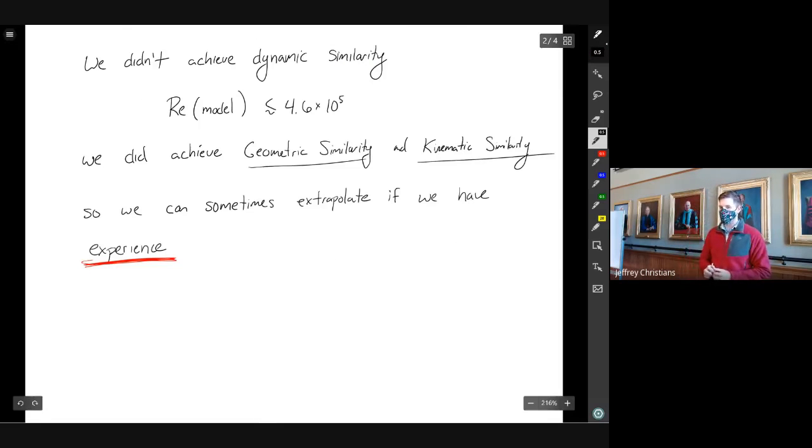So this is where I wanted to show you something like this, to show that the whole argument of similarity is that you can get these fundamental properties to match, and then you can design experiments that actually capture what's happening in real life. And that's true, but sometimes the experiments themselves are really hard to make, and you can only get part of the way there.